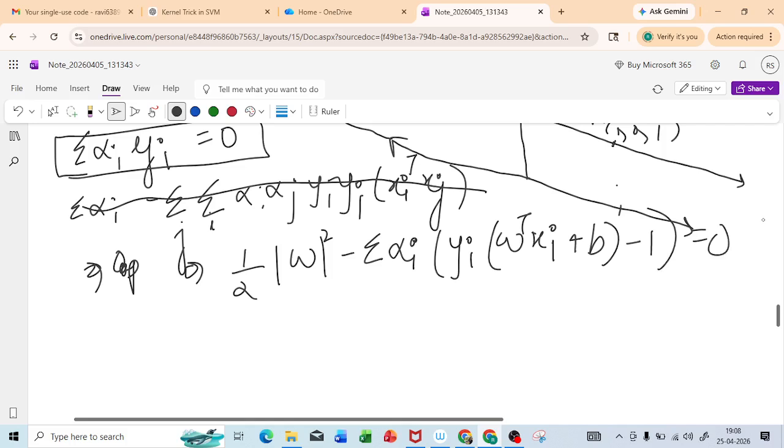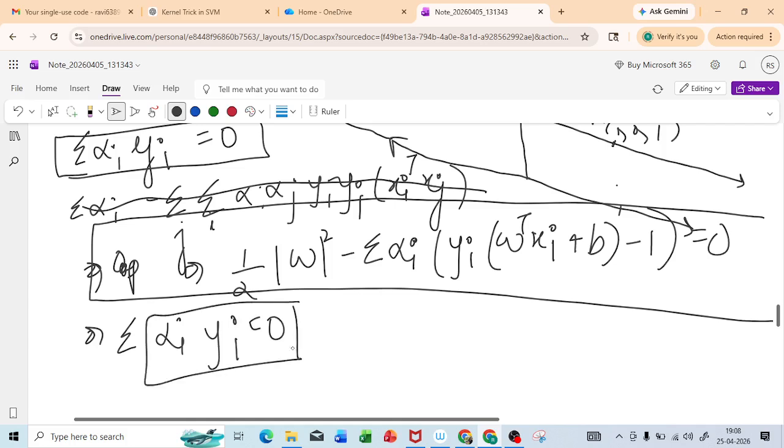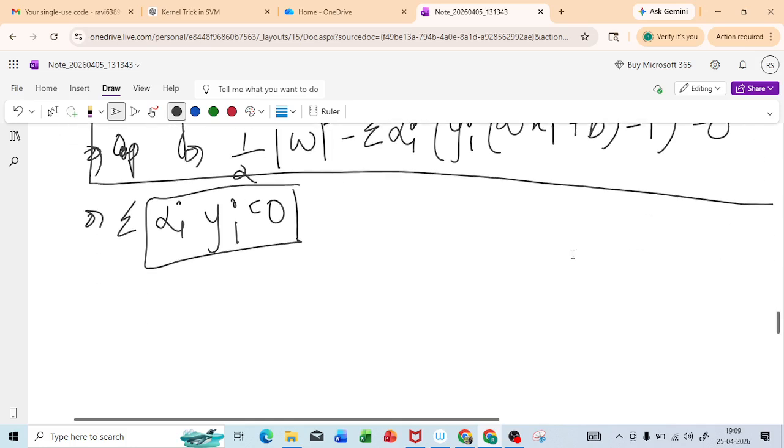If we differentiate it with different terms, first with w and then with b, we get the equations. If we differentiate with respect to b, we get summation of alpha i into y i equal to 0. So this is one of the equations which comes in handy.